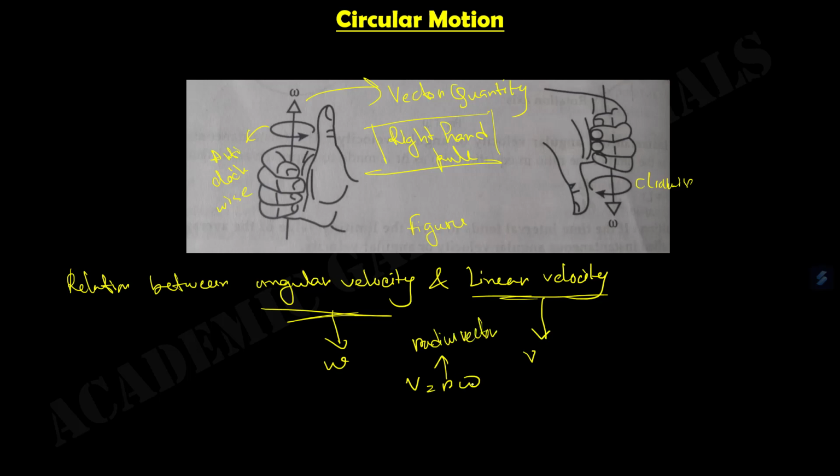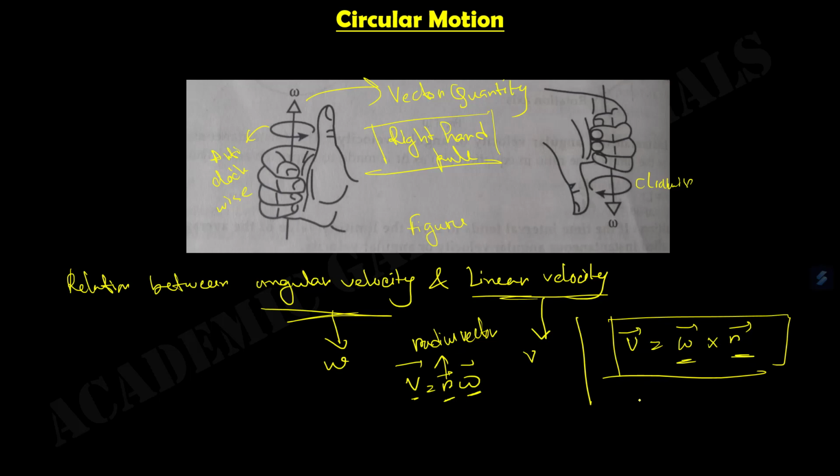And we know r is a vector quantity, omega is a vector quantity, and v is also a vector quantity. So if I represent these three vector quantities, the vector representation of this relation is vector v equals omega cross r. So the relation is in the cross multiplication of these vectors. So this is the relation between linear velocity and angular velocity.